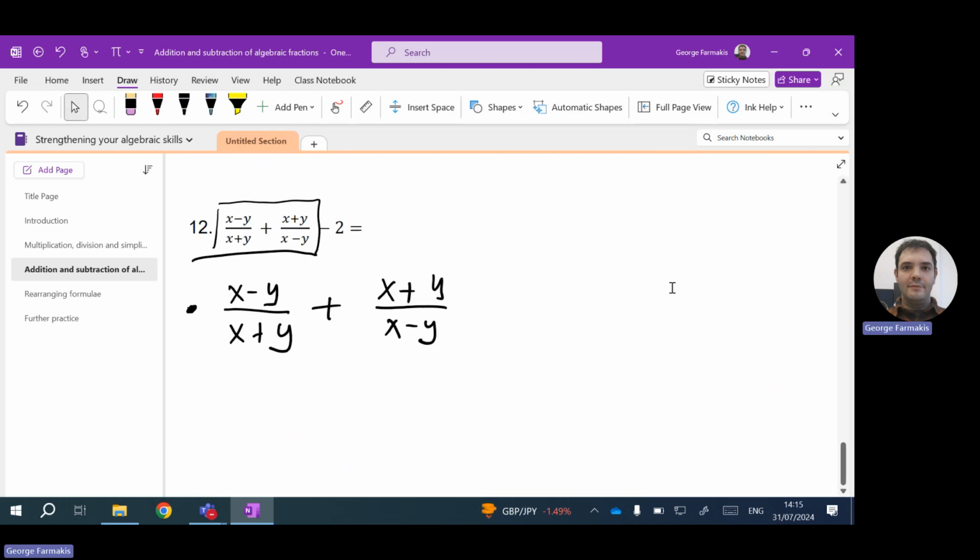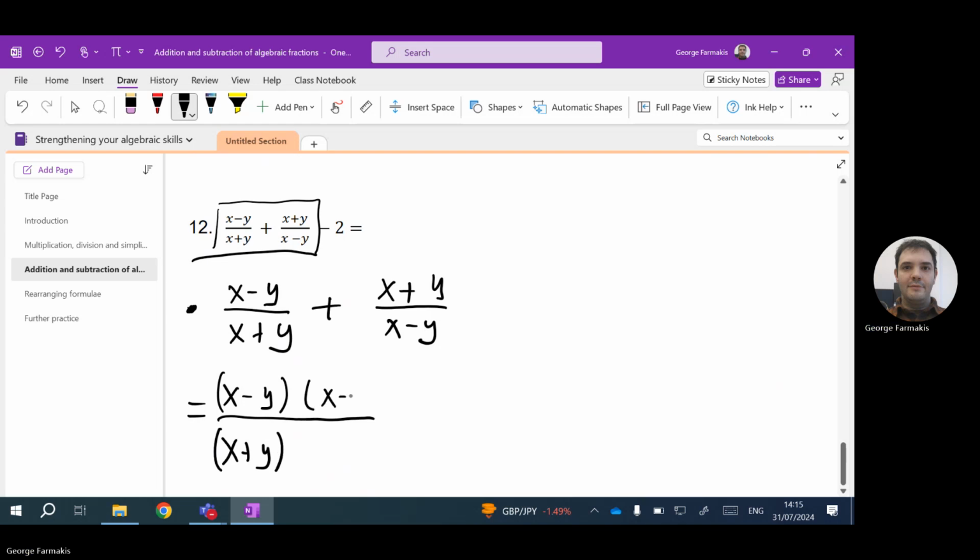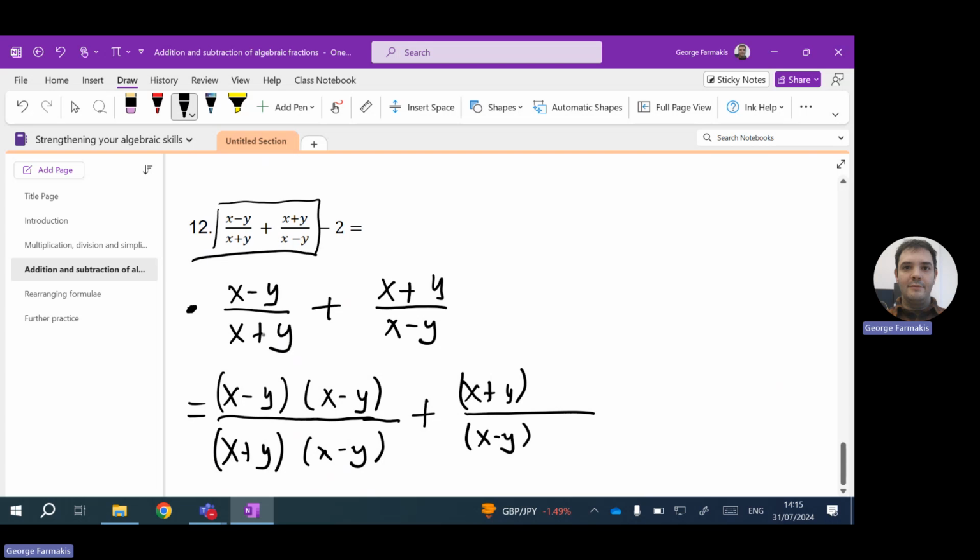Here we see that we have different denominators. What we do in this case, we write the first fraction, and we multiply numerator and denominator with the denominator of the second fraction, so with x minus y. So (x minus y) times (x minus y). Plus, let's write the second fraction, x plus y, and we multiply with the denominator of the first fraction, so x plus y, x plus y.